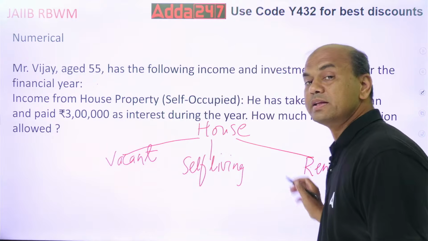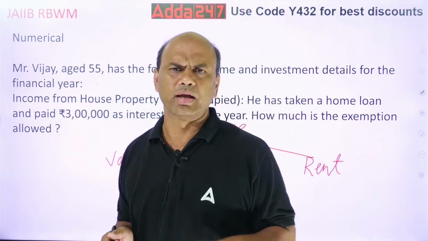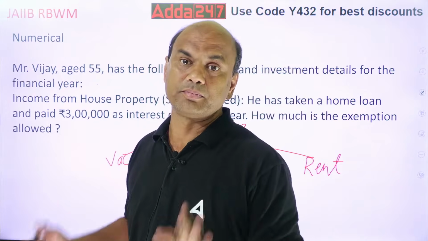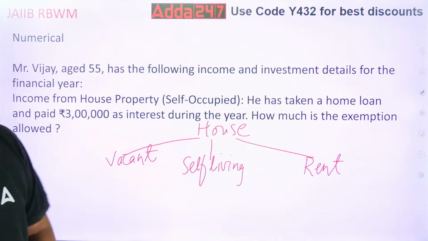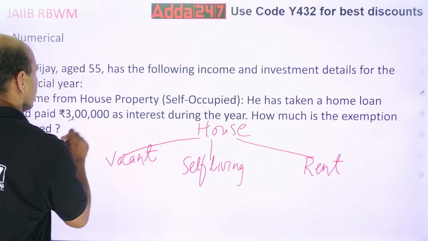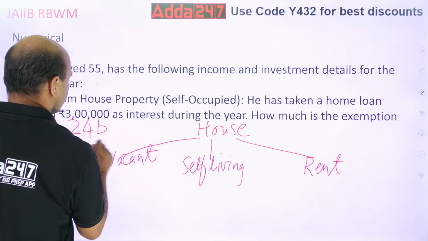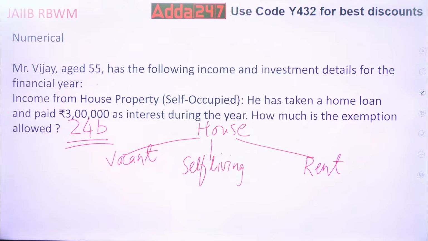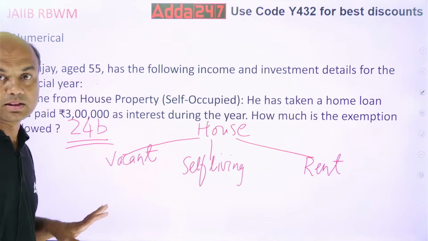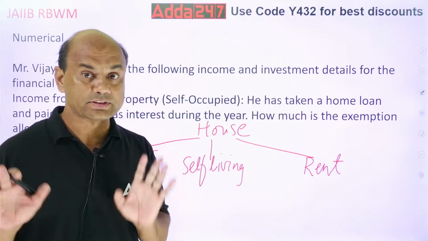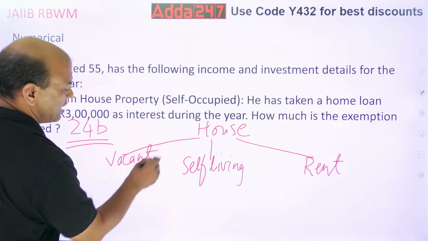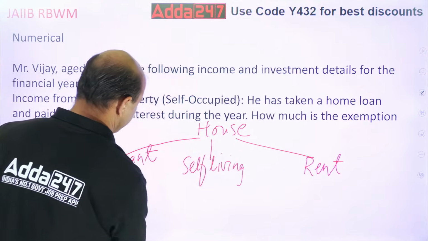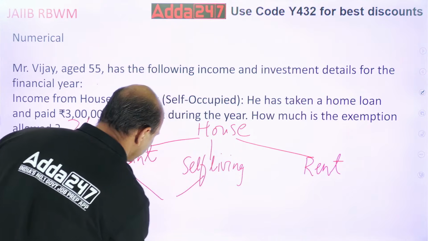And I'm showing this rent in income tax, that I'm getting a rent income. So in this case, kindly note, section 24B is applicable. But as per the latest norm, 24B says that if the house is vacant or self-living, no tax exemption.